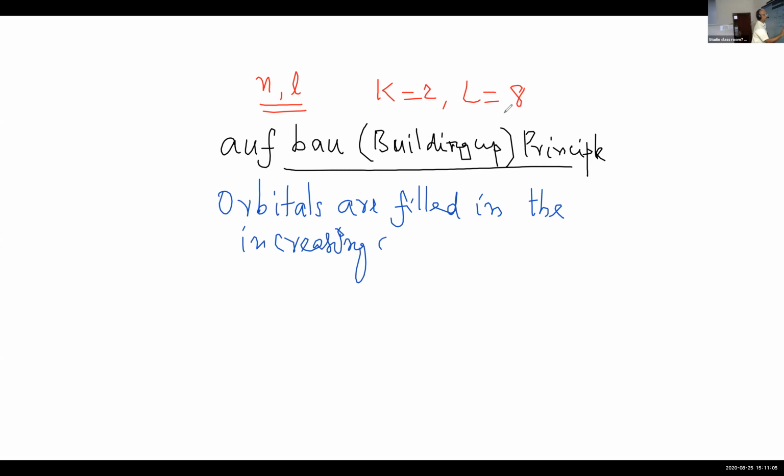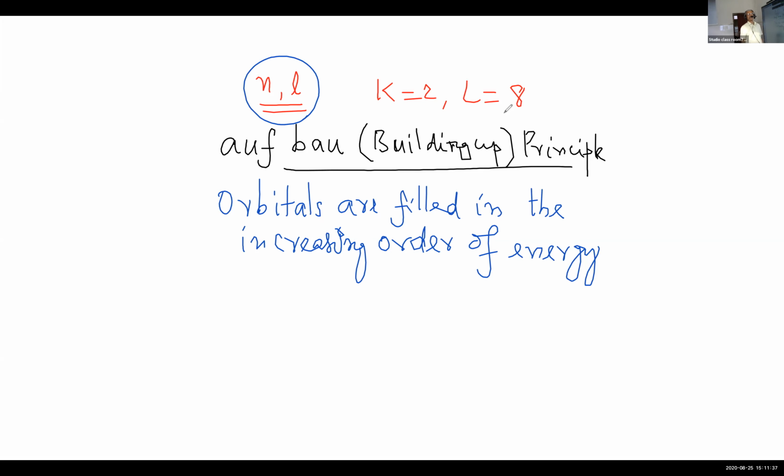So we have to get the energy of the various orbitals. And to determine the energy of the various orbitals, we have to consider both n and l values.